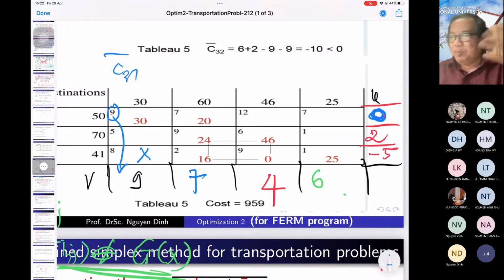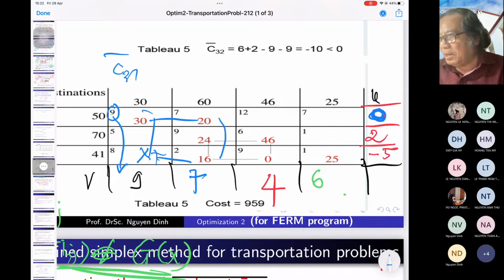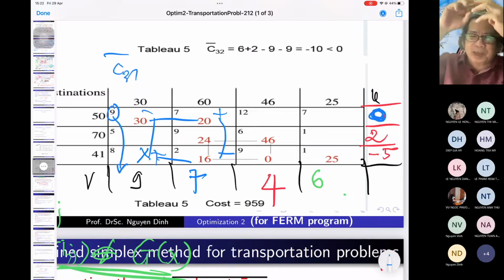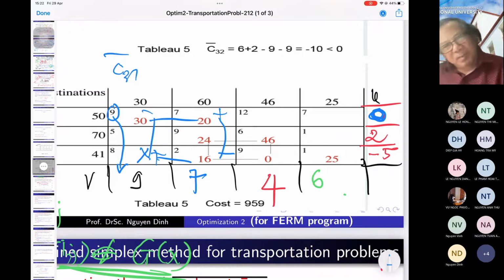If you are people, then you can find out the cycle here, like this, and that is a plus, minus, plus, minus. Is that okay? And then you sum up all the Cij in the plus cells, minus the sum of all the Cij in the minus cells, and then you get C bar ij.